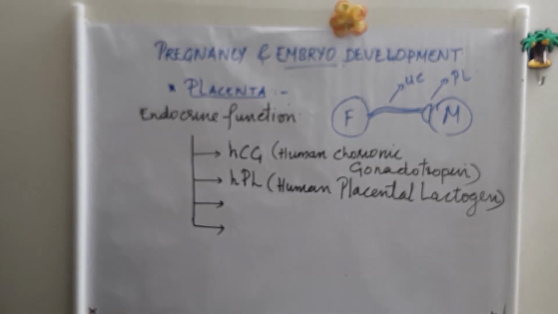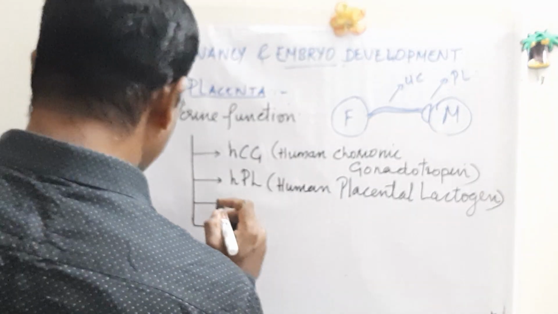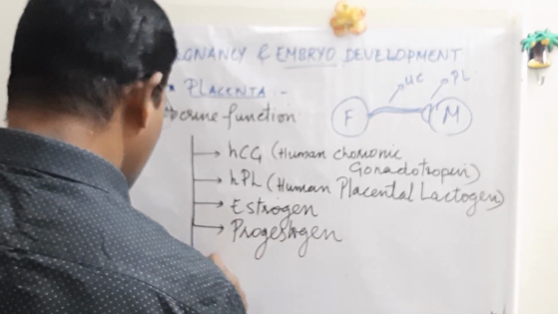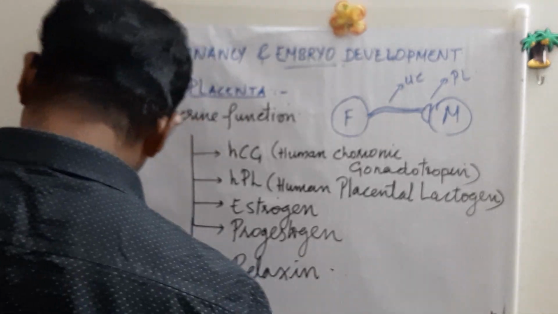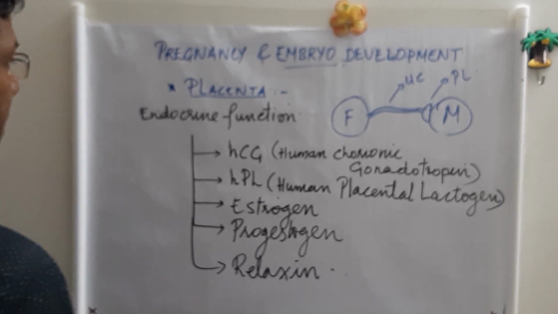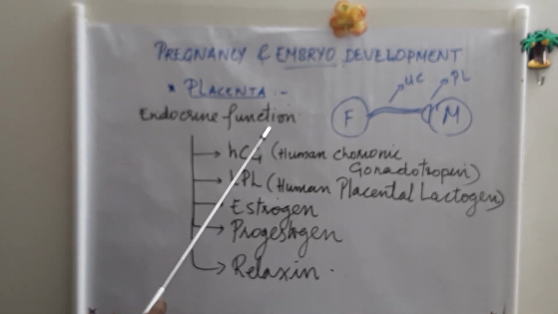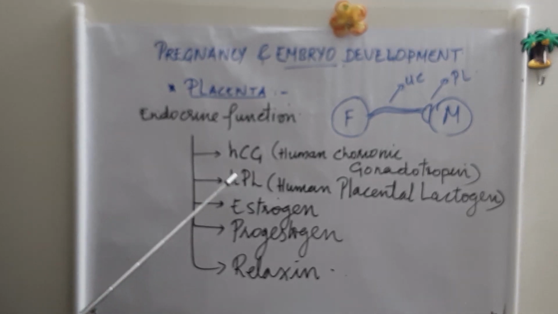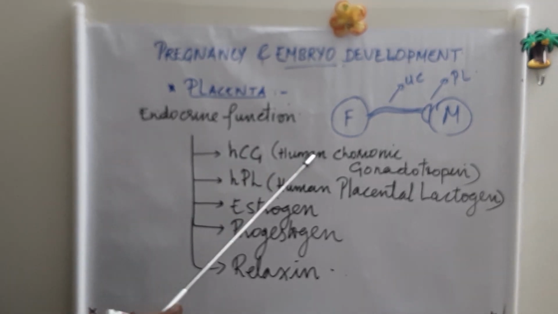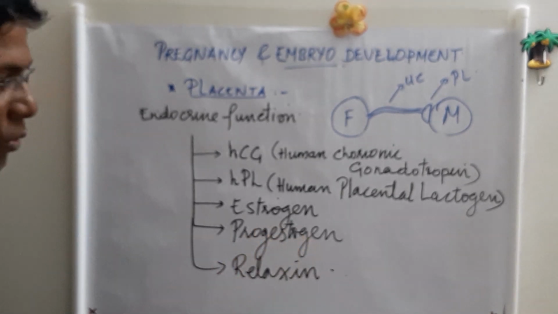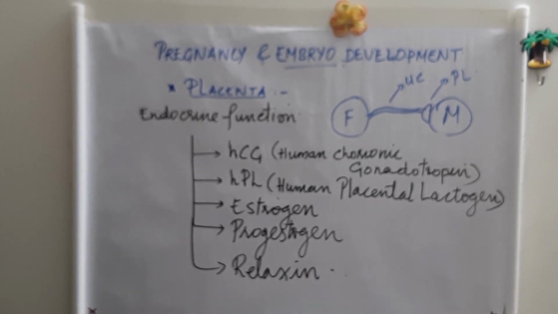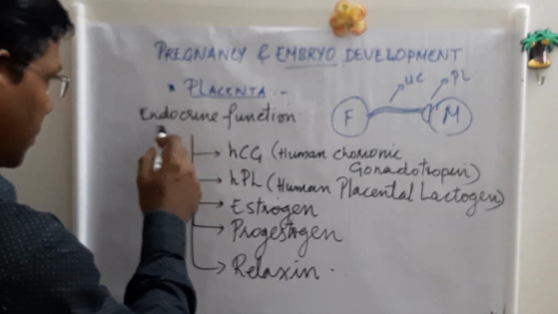Apart from that, it also produces estrogen, progesterone, relaxin, etc. So these are the endocrine functions of the placenta, which produces HCG, human chorionic gonadotropin, HPL, human placental lactogen, estrogen, progesterone, relaxin, etc. are the other hormones produced by the endocrine function of the placenta.